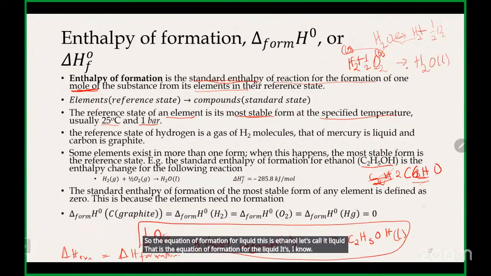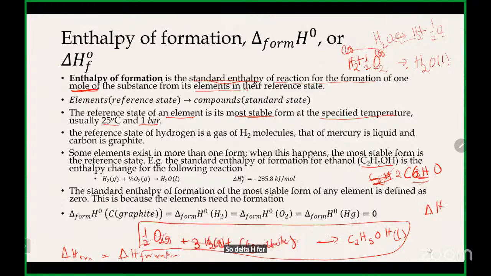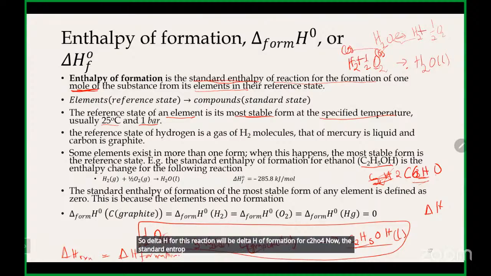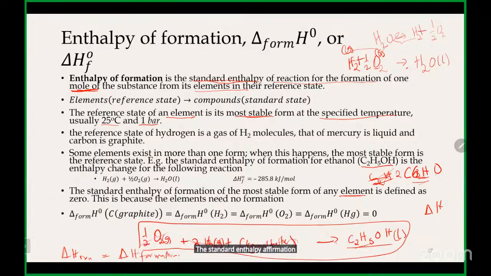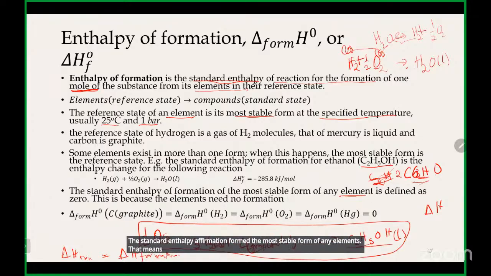So delta H for this reaction will be delta H of formation for C2H6O. Now, the standard enthalpy of formation of any element, not any substance, any element in its reference state, the most stable form, is 0, because that is the standard state.